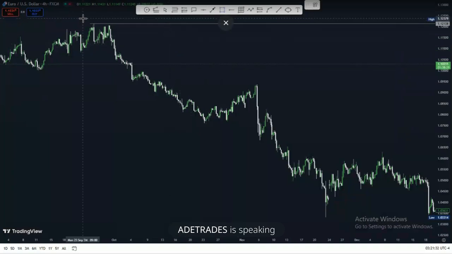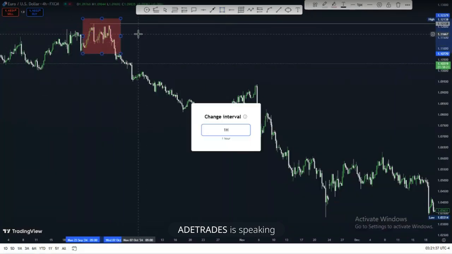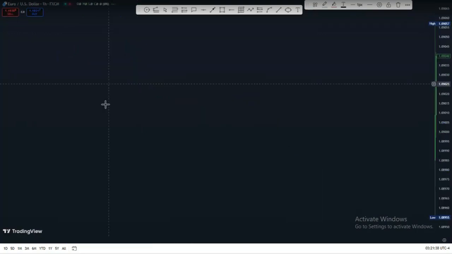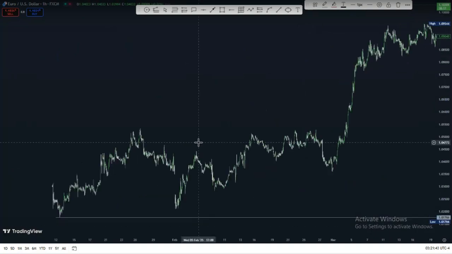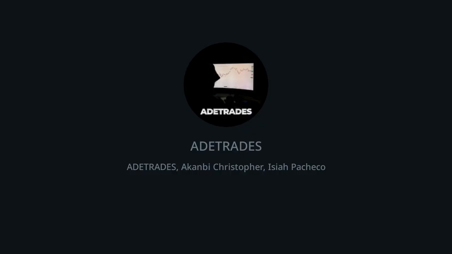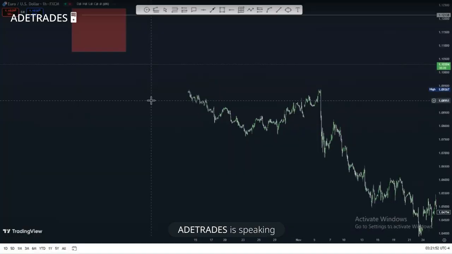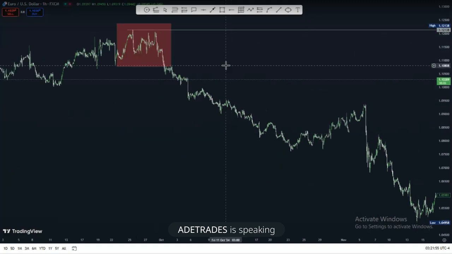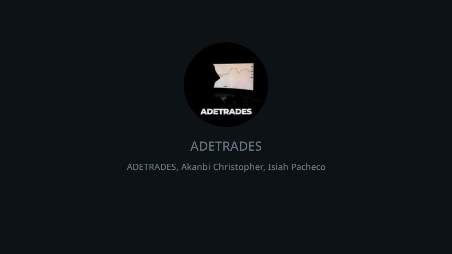There's something I'm looking out for here that's going to validate this. Okay, so we have a break, then a 50% pullback. So these sells are valid. Yeah, we have a sweep here. So these sells are valid.